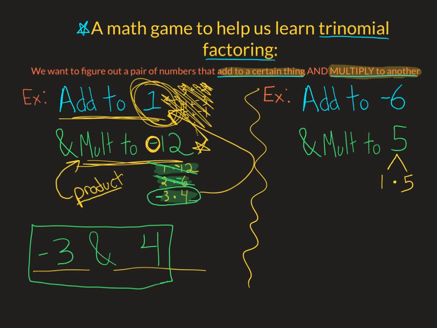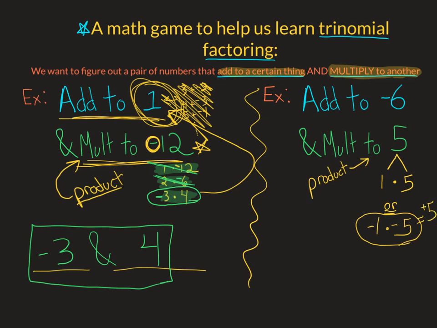Since we're multiplying to a positive number, in other words, the product on this one is positive, then either it can be positive 1 and positive 5, or negative 1 and negative 5. Because remember, when we're multiplying, a pair of negatives, when you multiply, they cancel out. Okay, that's going to equal positive 5.